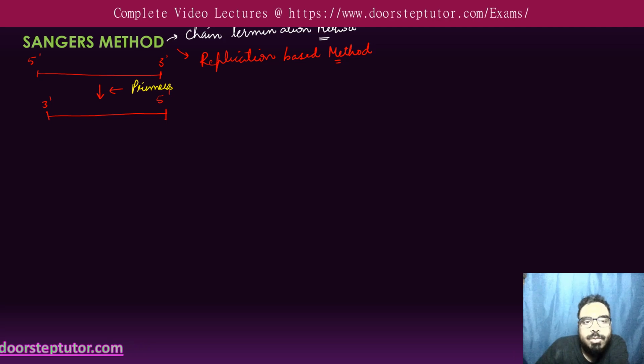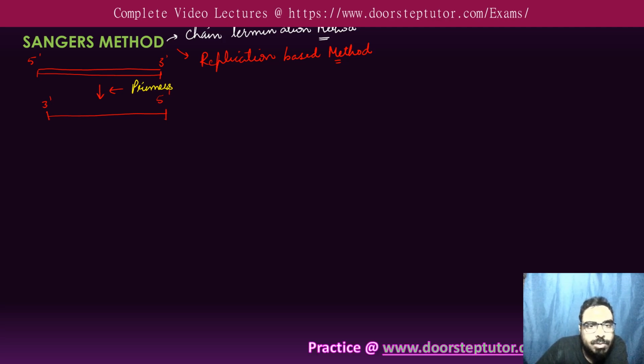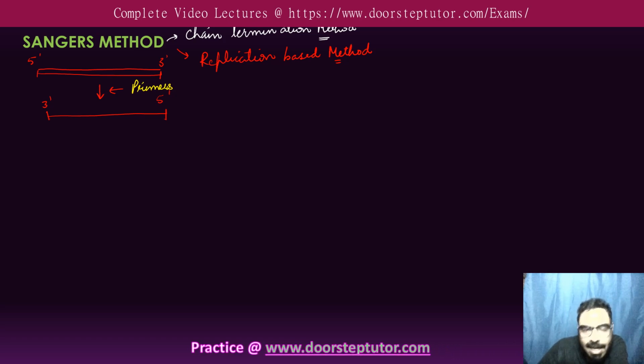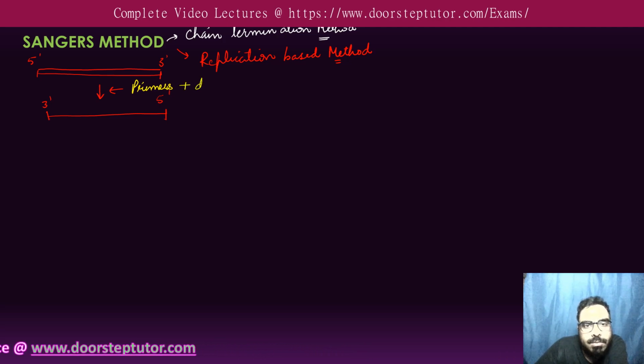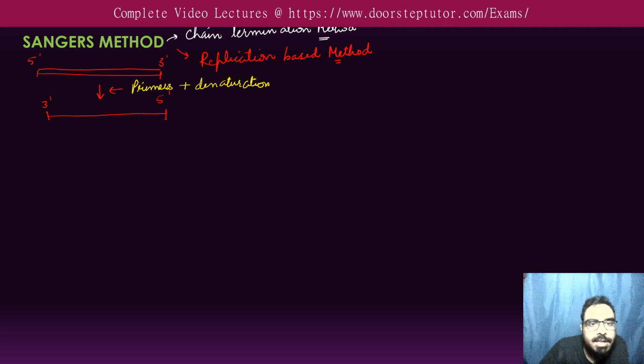Because this is a double stranded DNA initially, first you don't add primers; I'll write plus here. First you do denaturation. You denature the DNA into single stranded form.